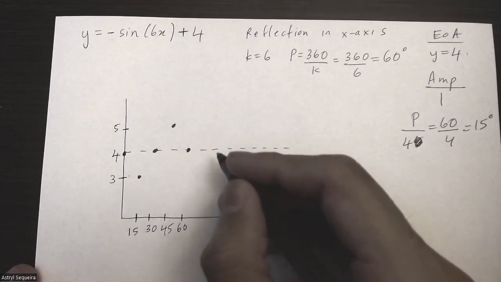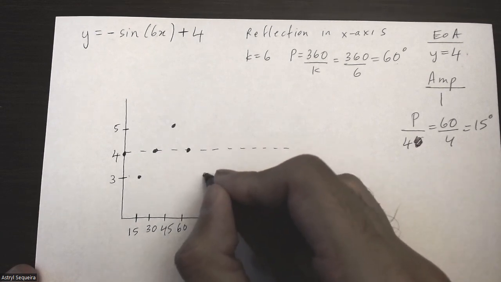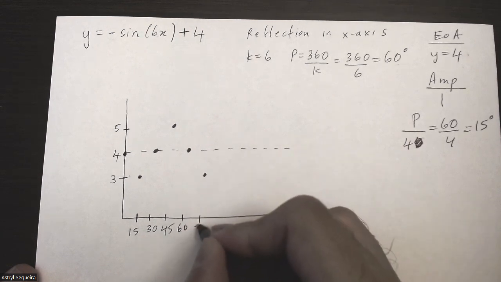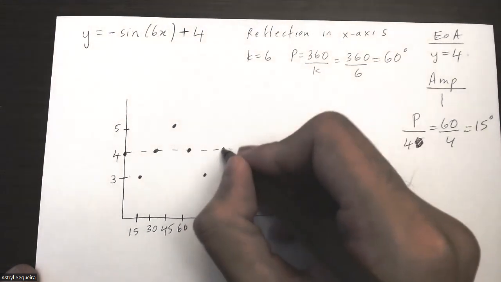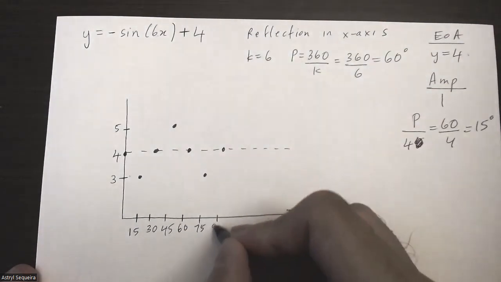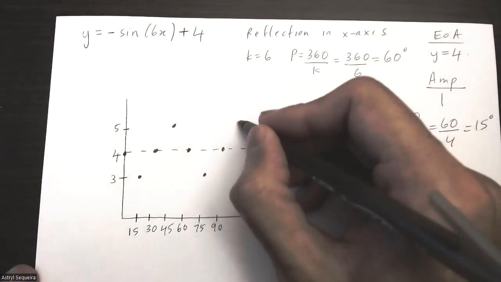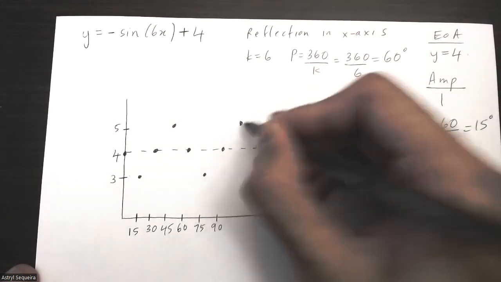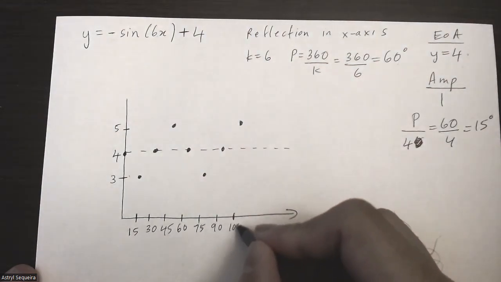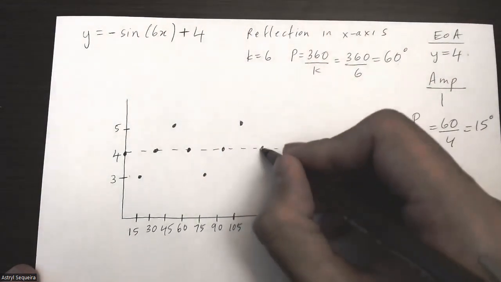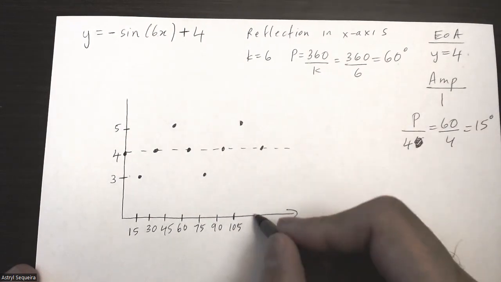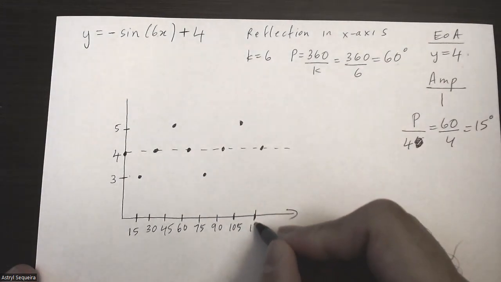I'm going to add one more minimum there, which is going to be at 75. One more axis point that's going to be at 90. And then one more maximum, which is going to be at 105. And then the last one here is going to be at 120.